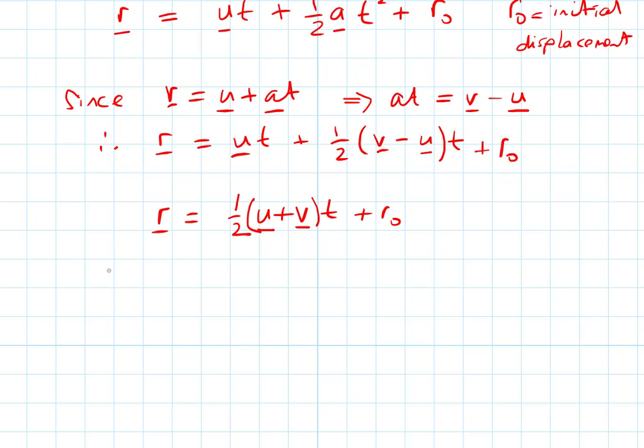Remember to put my constant in there. Then we've got u plus v over 2, times t, which is another one of our formulae used for displacement, which you may well recognise.